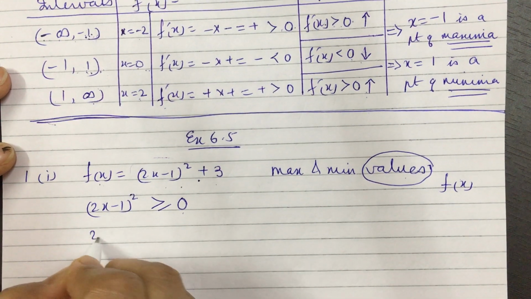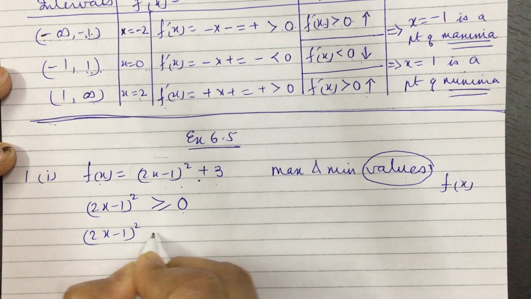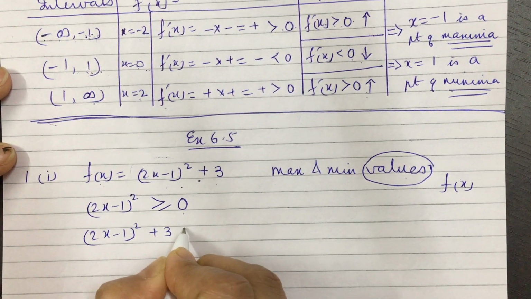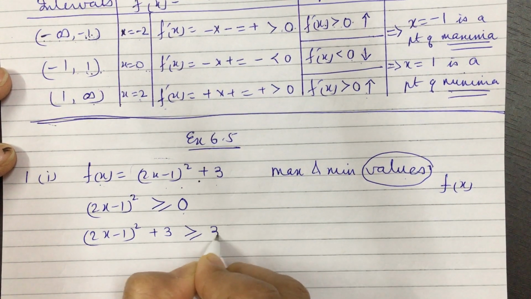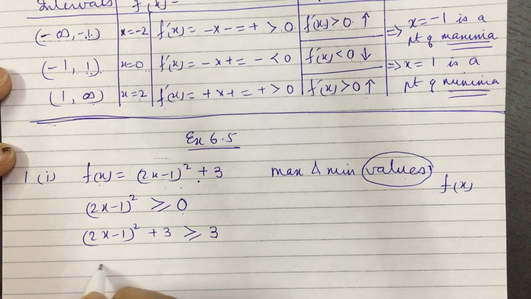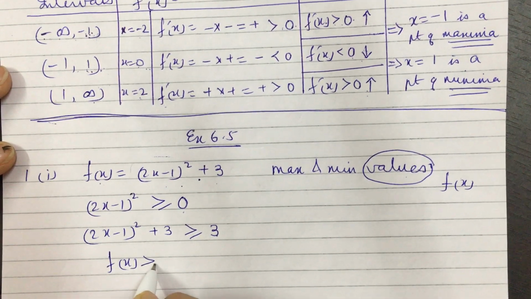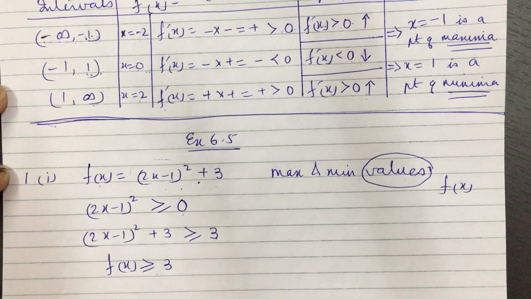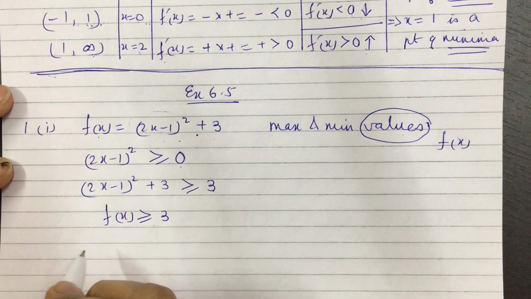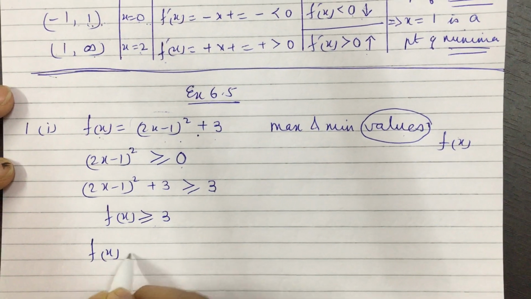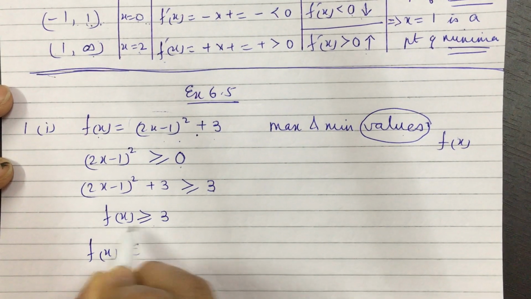You add 3 to it, it will always be greater than or equal to 3. So it means that f(x) is always greater than or equal to 3.